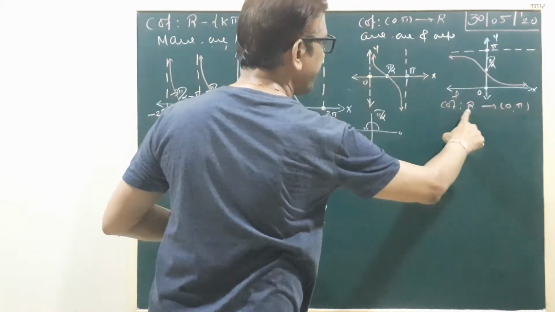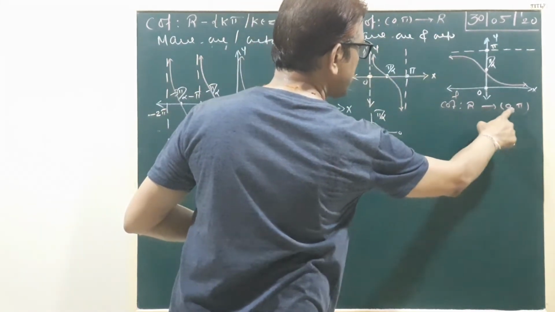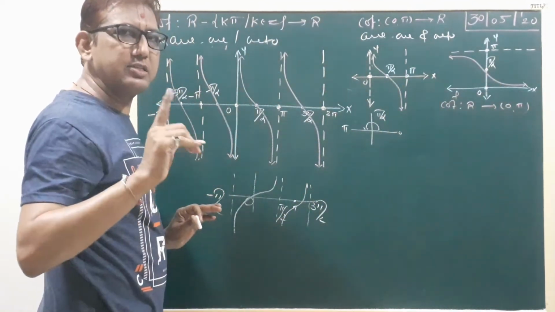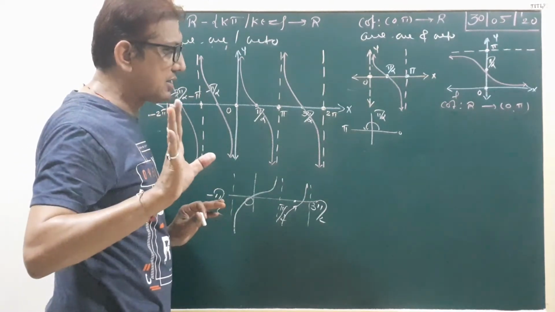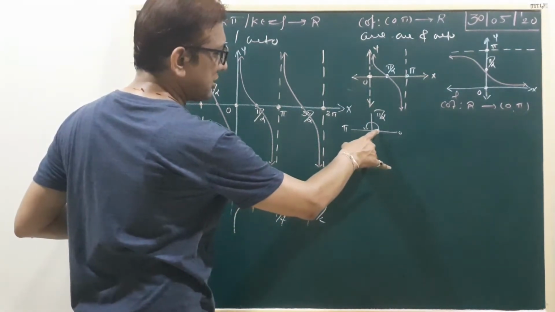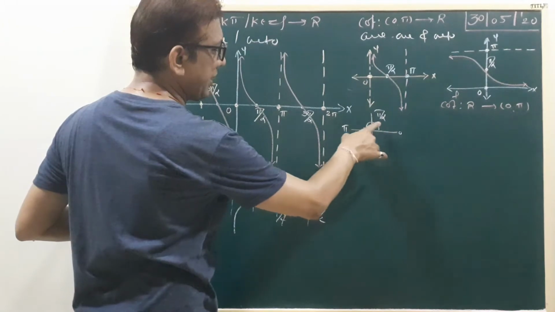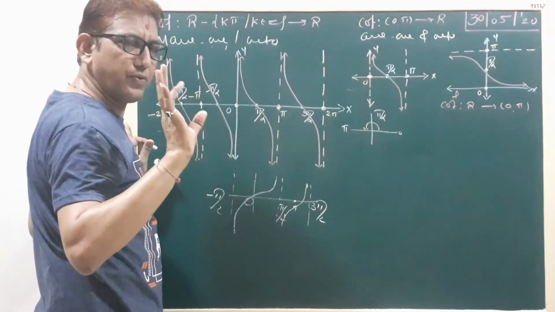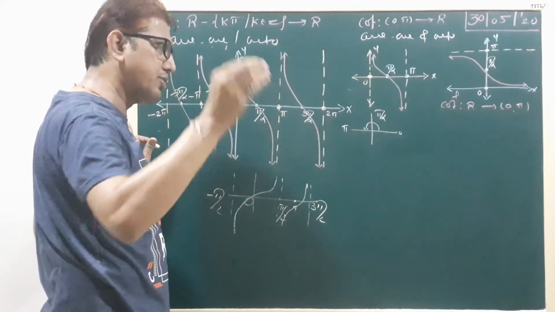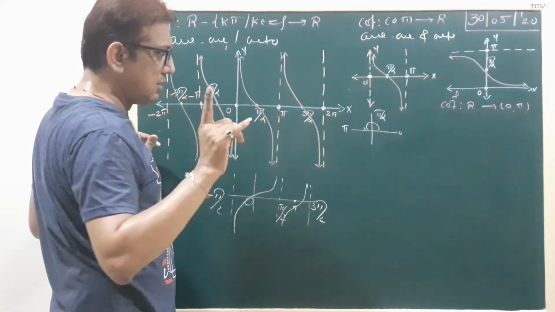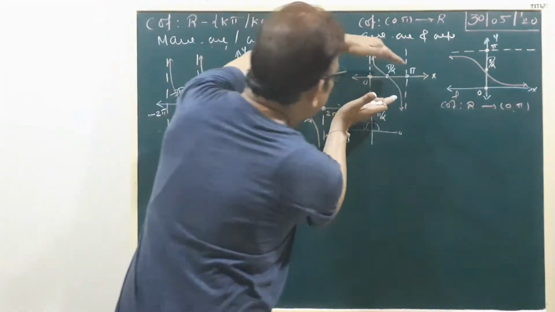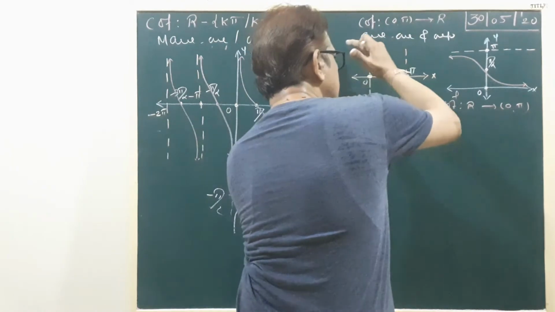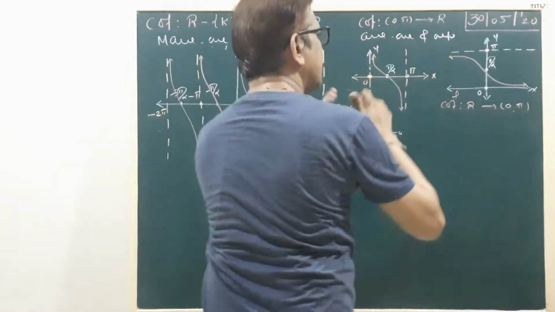Clear? So cot inverse is a function from R to the open interval 0 to pi, interchanging the domain and codomain. Is that clear? Here we draw the function, this one, 0 to pi, first and second quadrant. The first quadrant is compulsory; in each and every function, the first quadrant is common. Now we rotate this function graph anti-clockwise.